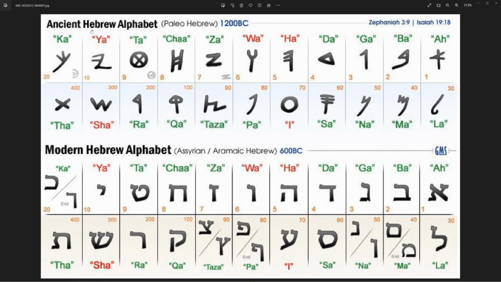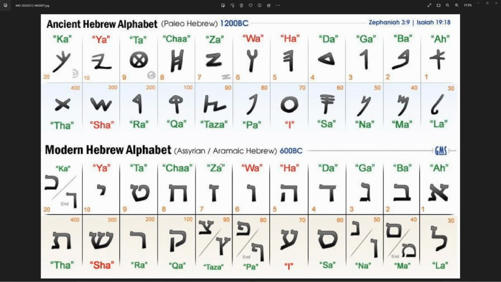So you have Paleo Hebrew up top, and you have the modern Hebrew, or Aramaic Hebrew, on the bottom. These are Aramaic characters, but they are used to recite the Hebrew.